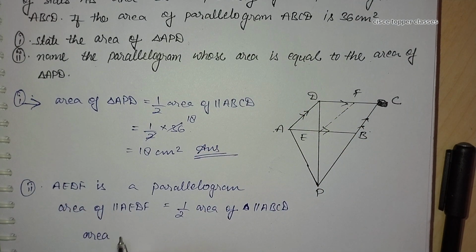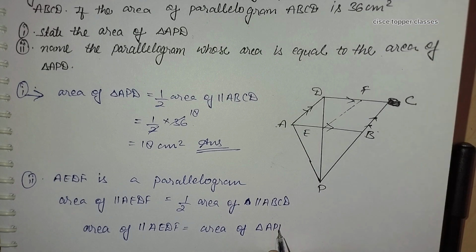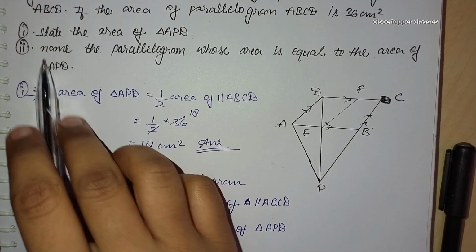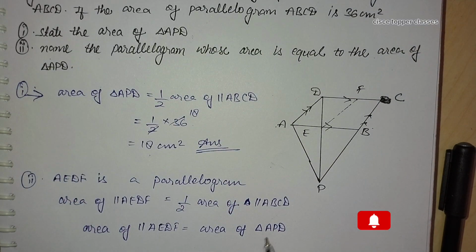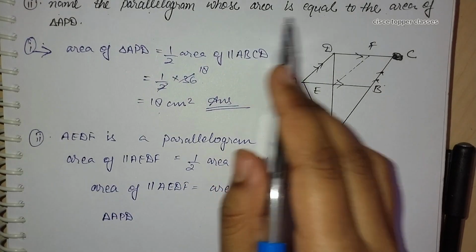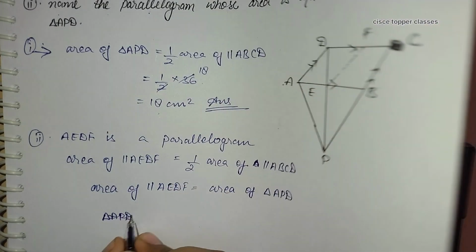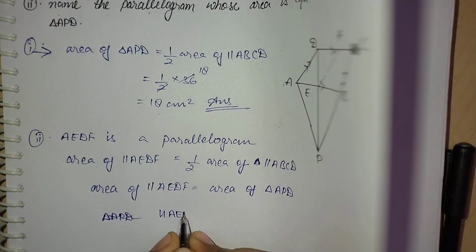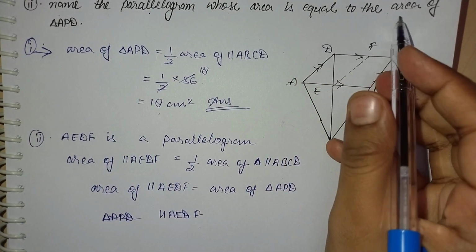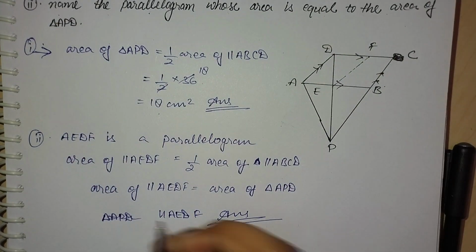So area of parallelogram AEDF is equal to area of triangle APD, and this is only what we have to find in this second part. So it is parallelogram AEDF whose area is equal to the area of triangle APD. So this is the final answer in this question.